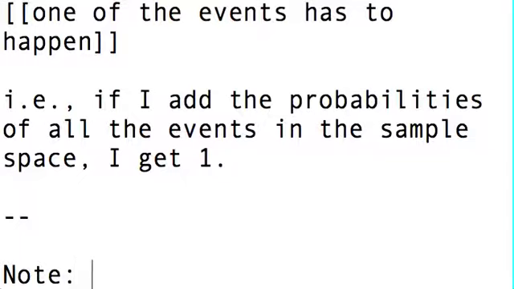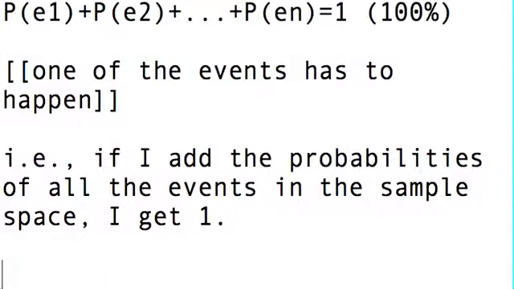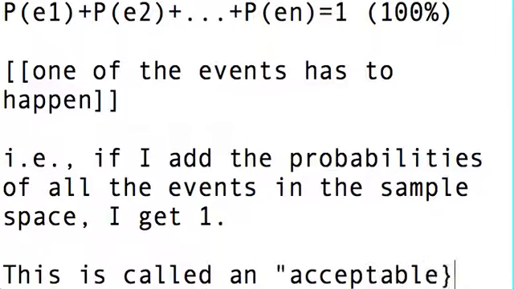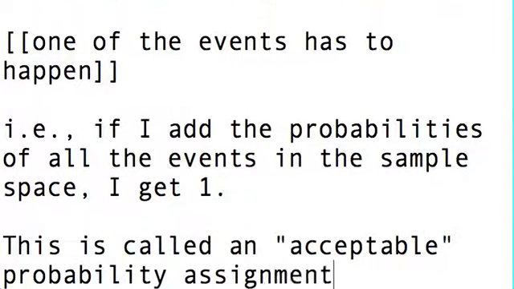Now let's make a note. This is called an acceptable probability assignment. Our mathematical theory doesn't tell us, given some sort of experiment and a bunch of events, what the probabilities are supposed to be.